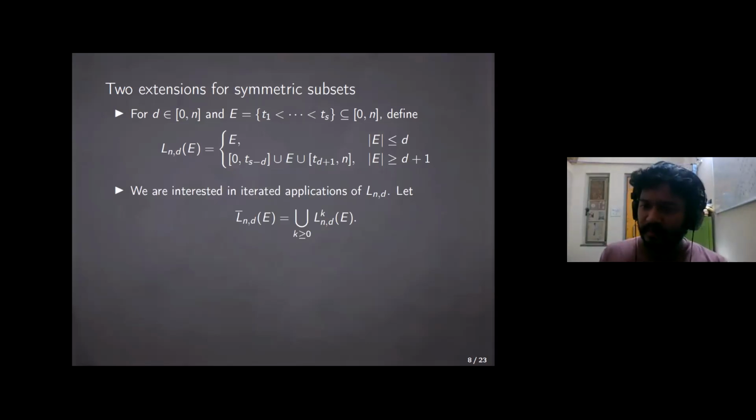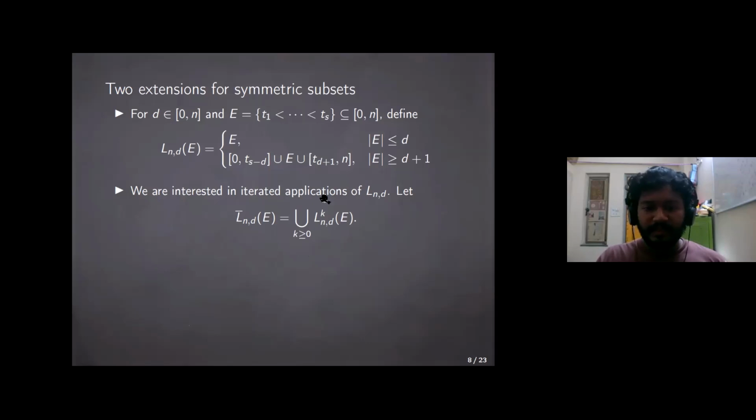We'll start with the set E and keep applying this operator again and again on the set. This set potentially grows, because k plus 1 applications of the operator L will contain what you get from k applications of L. So this is a growing chain in the poset of all subsets of 0 to n. Wherever the chain terminates, we denote it by L bar_{n,D}.